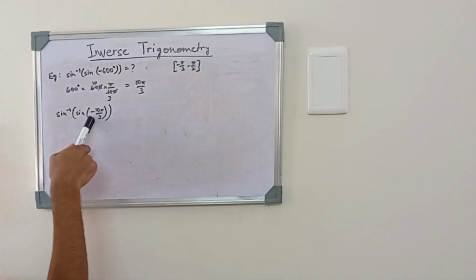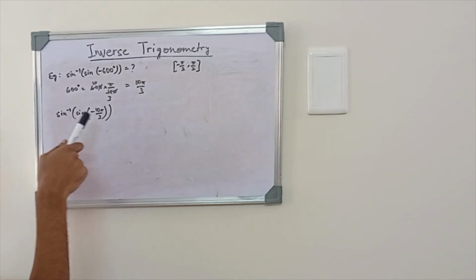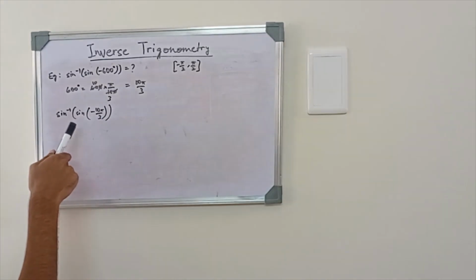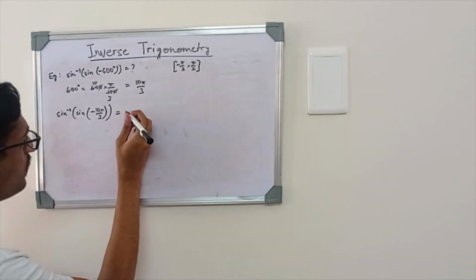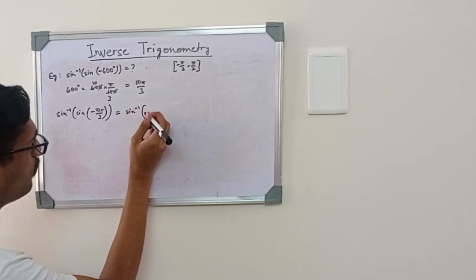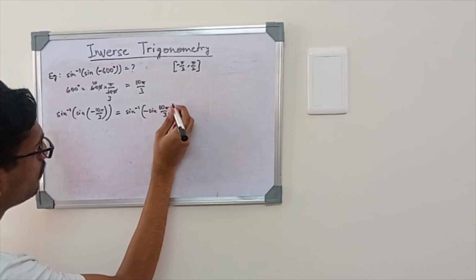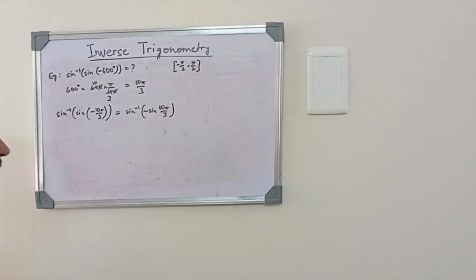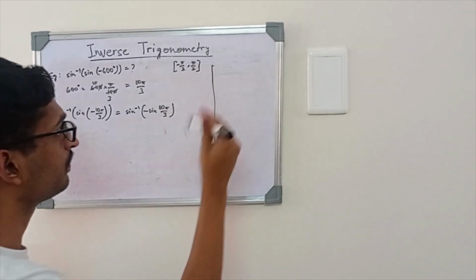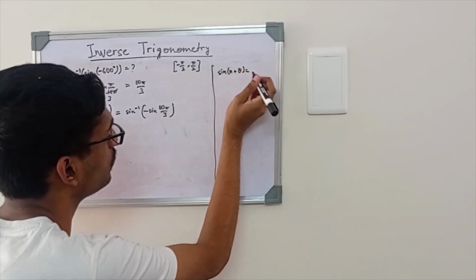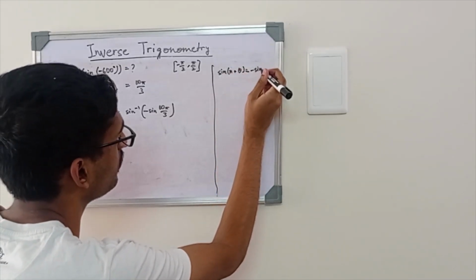We can first take this minus sign outside the sine using the identity sine of minus theta is equal to minus sine of theta. So you can write it as sine inverse of minus sine of 10 pi by 3. And also, as a side note, you can remember that sine of pi plus theta is equal to minus sine theta.